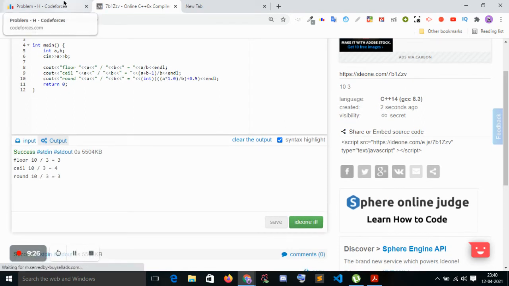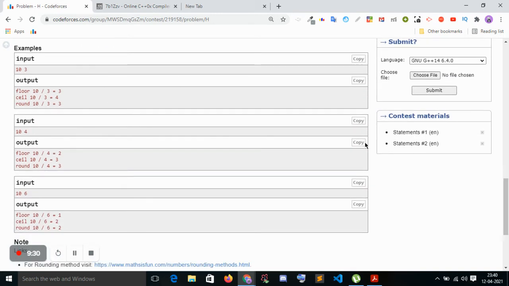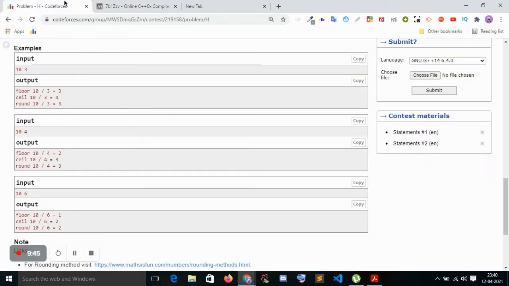So 3 4 3. 3 4 3 is getting correct. Let's try 10 4 and 10 6. Okay, so 10 4. So 10 4 gives 2 3 3. 2 3 3 is also correct.